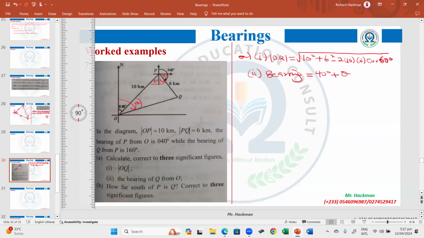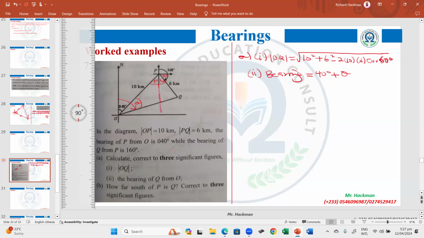Yes. Okay, so now let's look at B. How far south of P is Q? How far south of P is Q? So this is all that you need to do. South of P, you come down. I'm only guiding you.